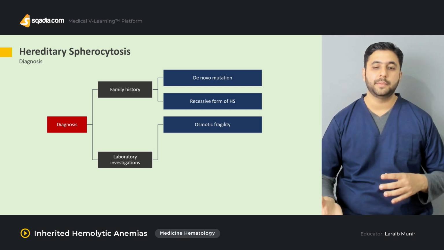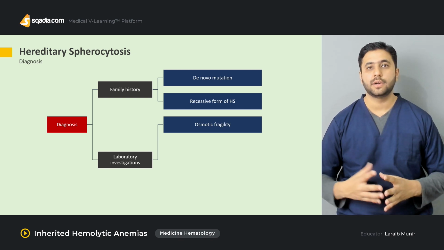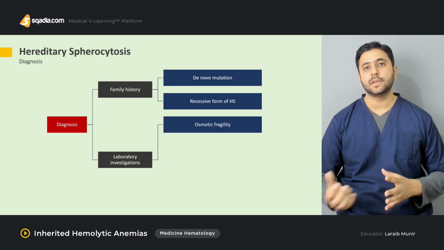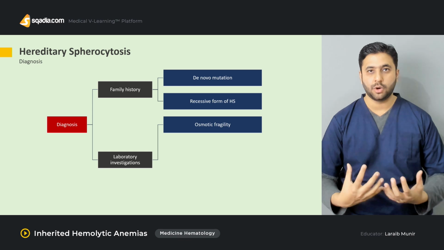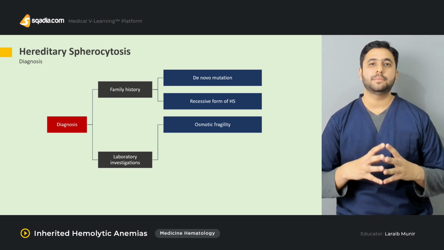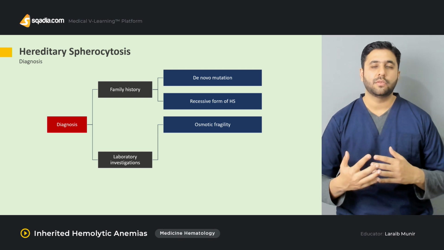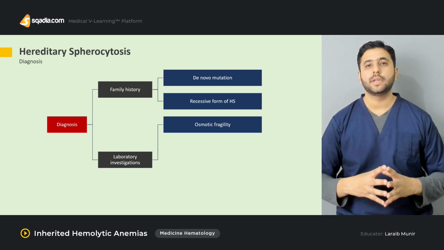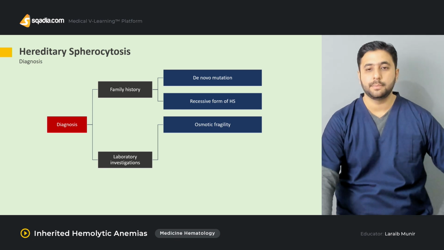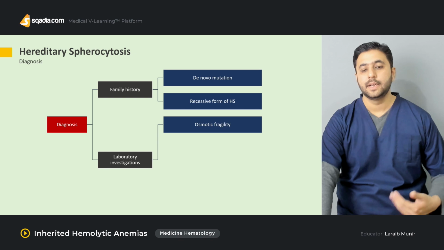And if we place that RBC in a hypotonic solution in which there is an increased amount of water, that water gets into the RBCs, and because the RBC is a sphere rather than a biconcave structure, there is limited space in the RBC to contain that water. And when the water concentration increases up till a threshold, it can lead to bursting or destruction of the RBC, or hemolysis.